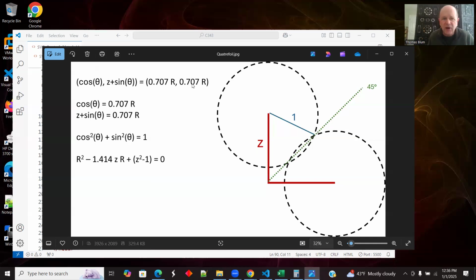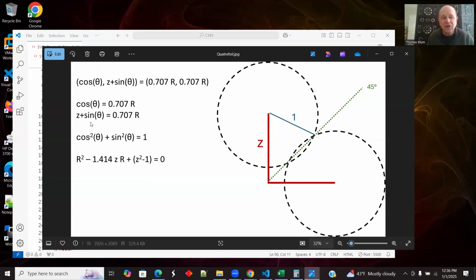Then we know that that lies upon this 45-degree angle, and the cosine and sine are both 1 over the square root of 2, or 0.707. So this point is 0.707 r for both of these. This gives me 2 equations, the x component equation and the y component equation.